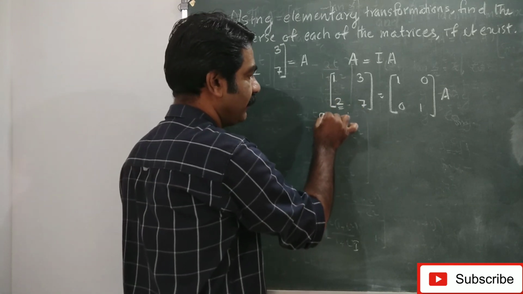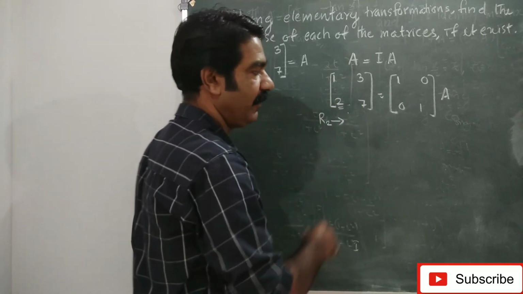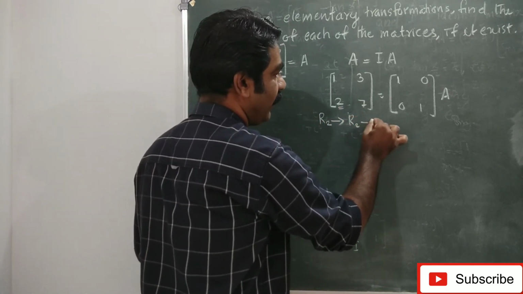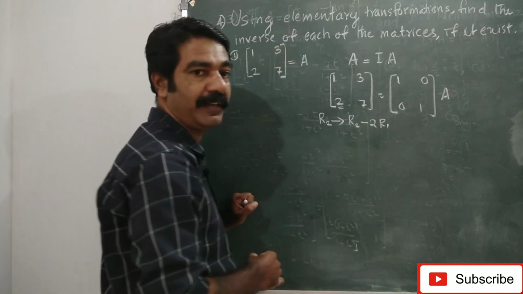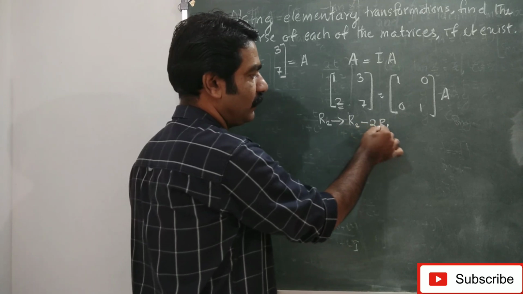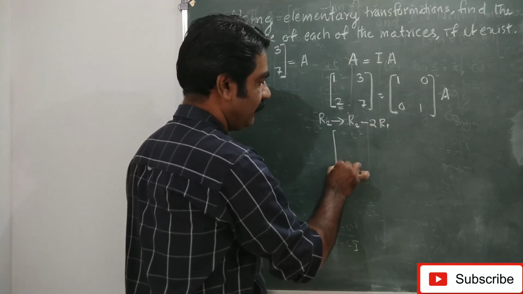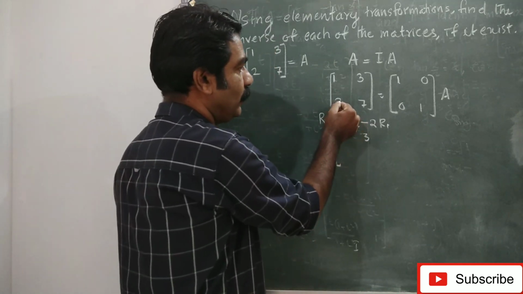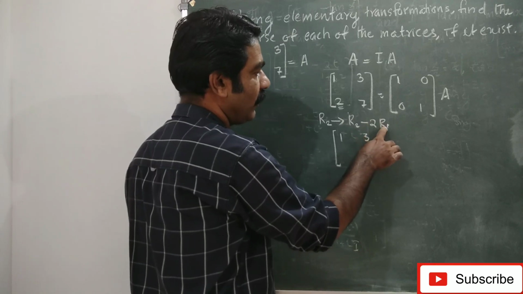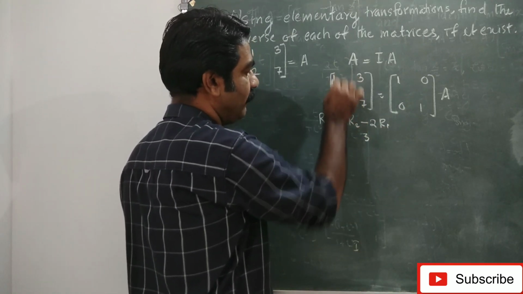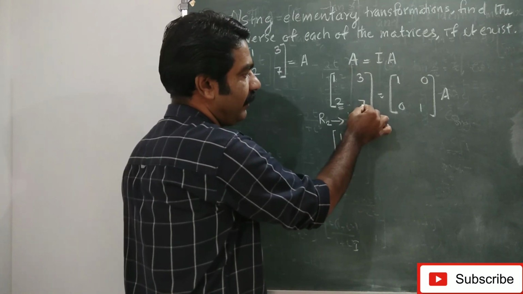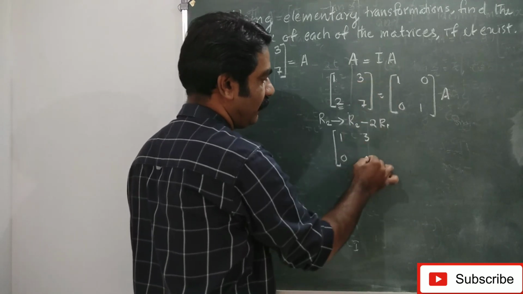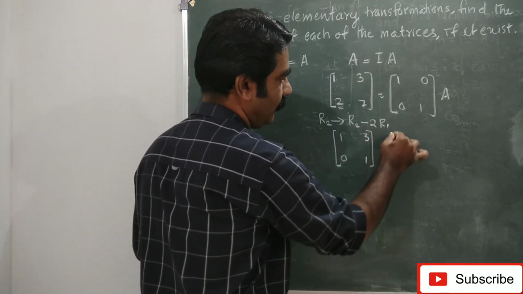So we apply the operation R2 changes to R2 minus 2R1. We are changing the second row. The first row, 1, 3, does not change. In the second row, 2 minus 2 into 1 becomes 0. 7 minus 2 into 3: 2 threes are 6, 7 minus 6 is 1.